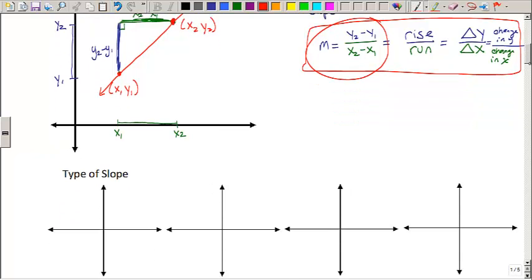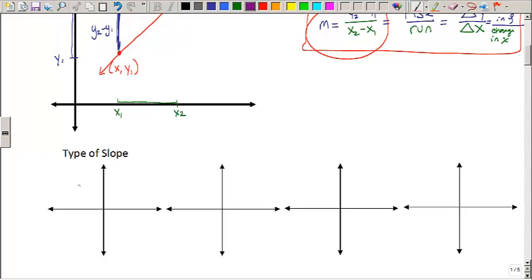There's a couple different types of slope I'd like to show you today. We have lines that increase from left to right. We have lines that decrease from left to right. We have some lines staying constant from left to right, and we have some lines that aren't going left to right at all. They're just going up and down. And each of these has a different type of slope.